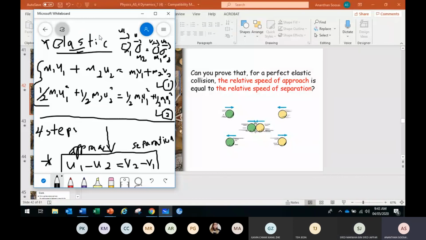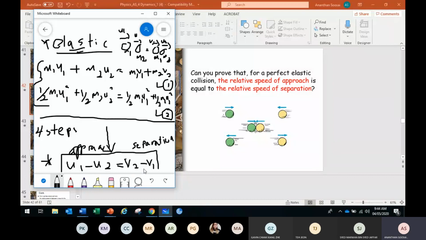Are you taking further maths in your class? Those who are taking further maths should be able to do this, or those taking normal additional maths can also give it a try.